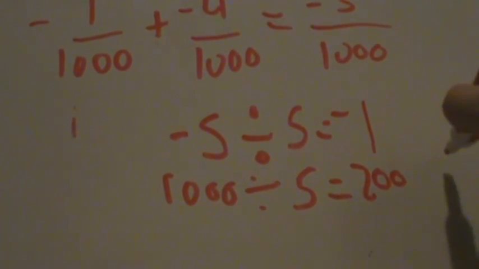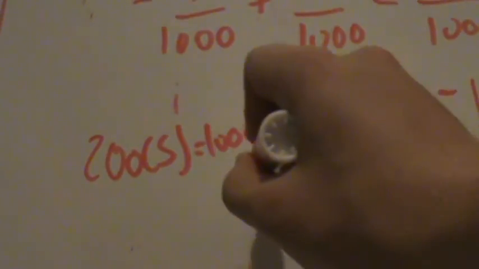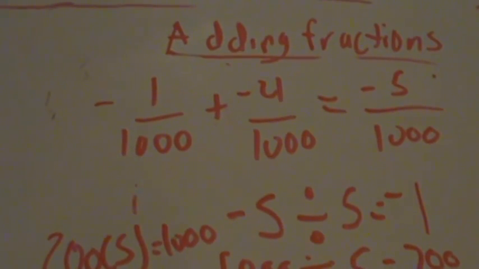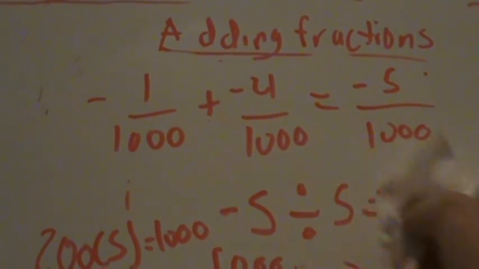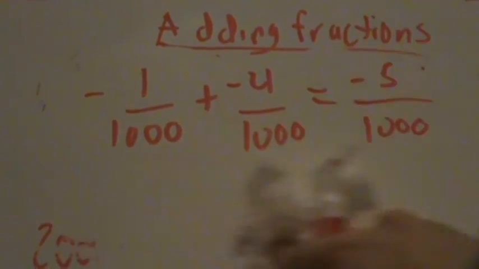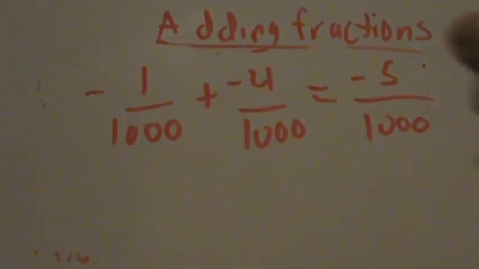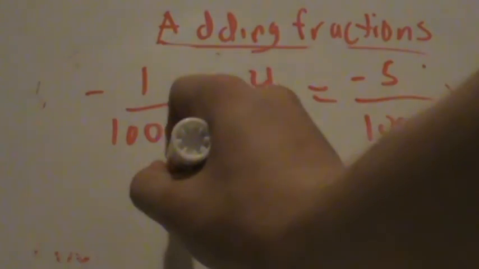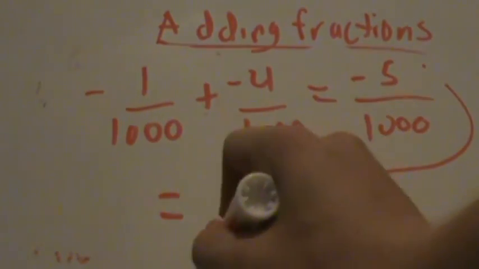You can check this, because if I write 200 times 5, I should get 1,000. And look what I got there. So this fraction will reduce, and we just showed that this right here is equivalent to negative 1 over 200.